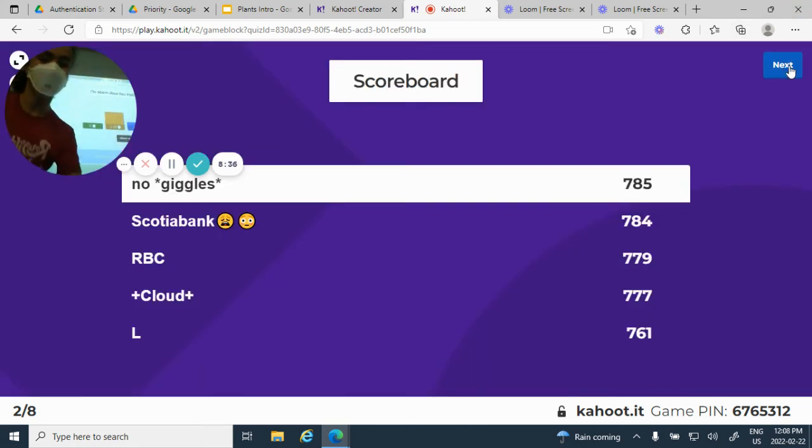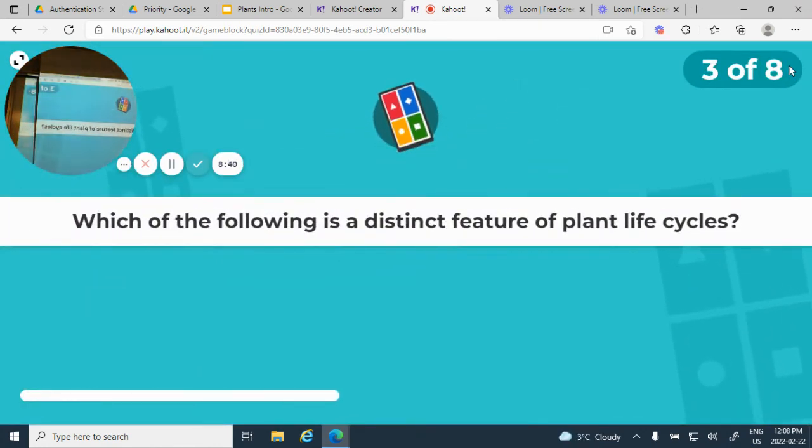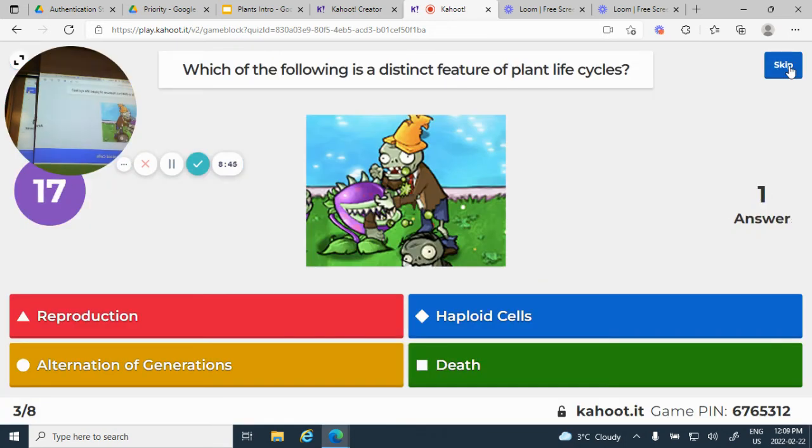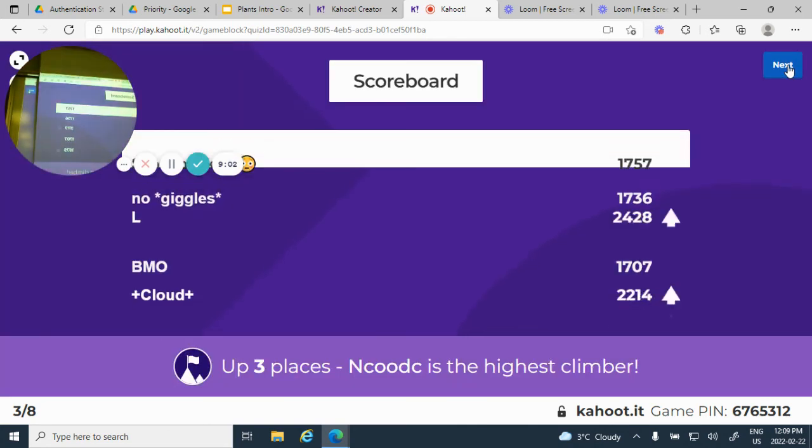Yay, okay. 3. Oh wait, Scotiabank is in the lead. What is a distinct feature of plant life cycles? Yeah, it's alternation of generations. It's alternation of generations, guys.